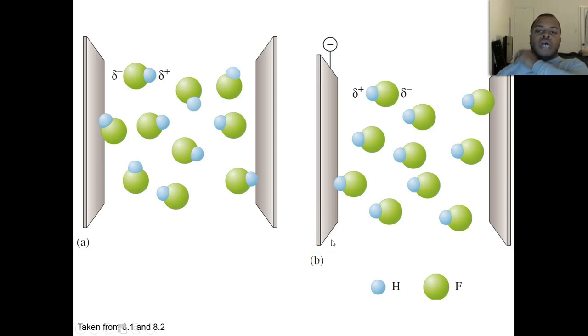This is going to help us to understand what's happening, because this polar molecule is going to actually be attracted to the opposite charge. This is going to help us to understand how things are dissolved, how things break down, and also why it's easier for some compounds to break down than others.